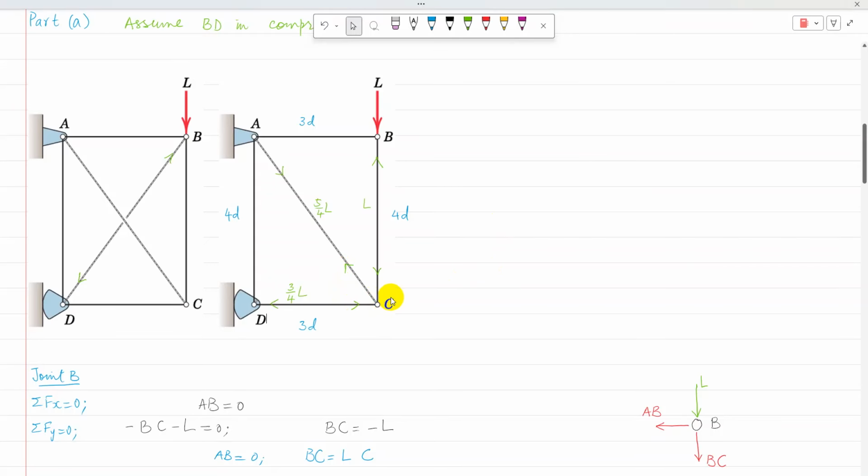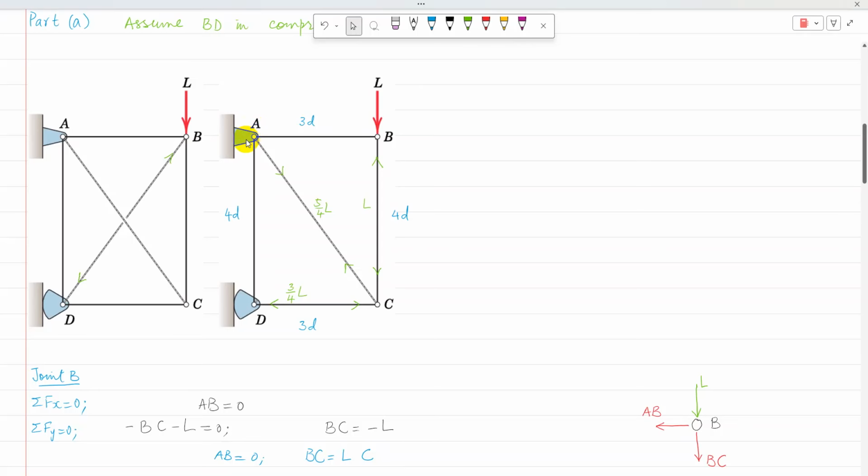Then the adjacent joint to C is either D or A. At D, there is one support reaction and one unknown member force, so joint D has two unknowns, whereas joint A is a pin support. That pin support has two unknown reactions, and AB is 0.